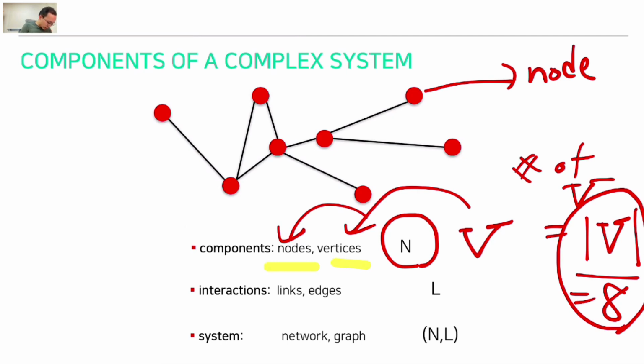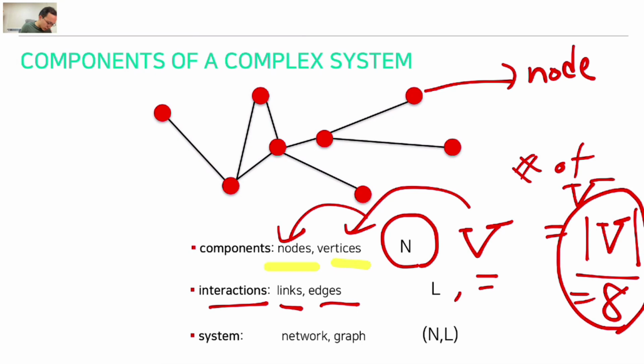What about interactions? Interactions represent some communication between the previous components, right? They connect between nodes, between the vertices. We say the interaction is links or edges.